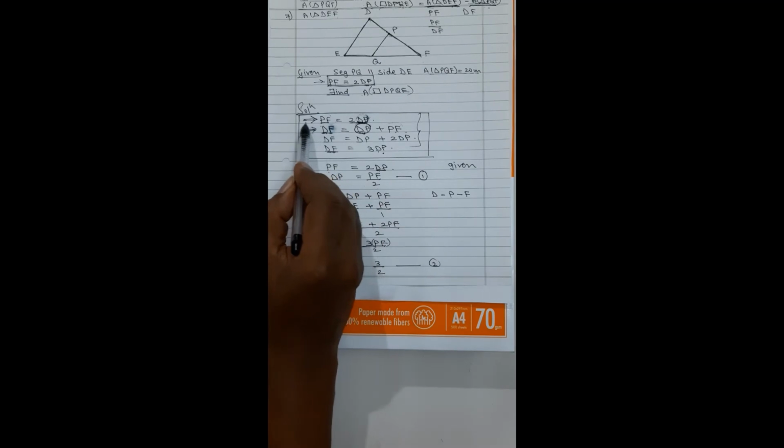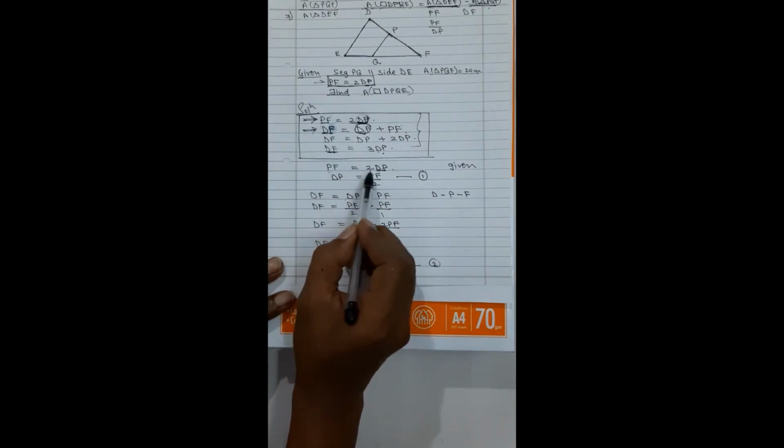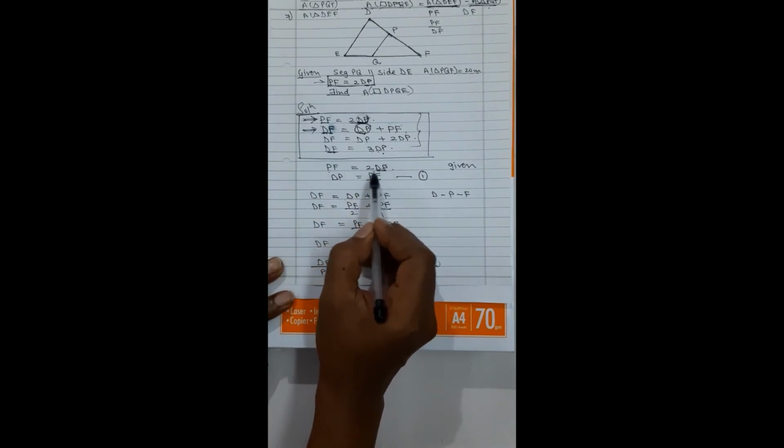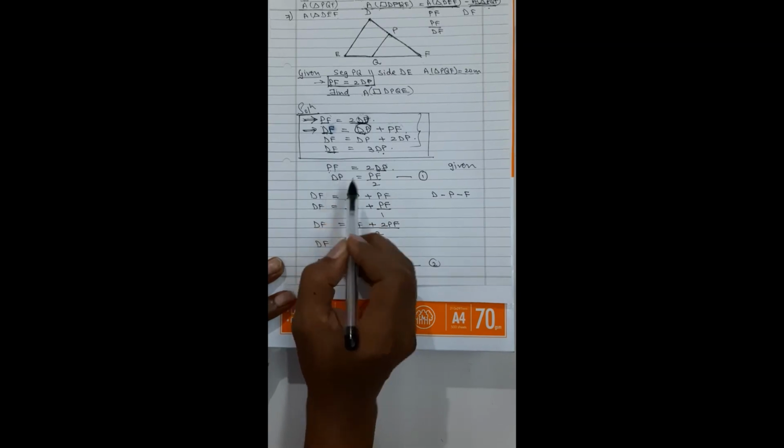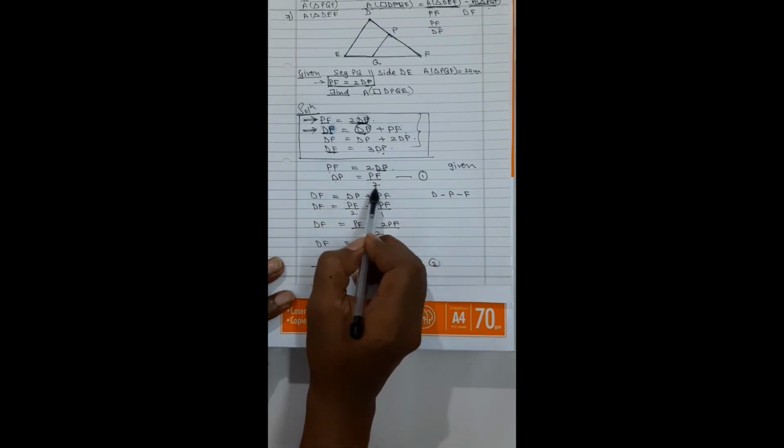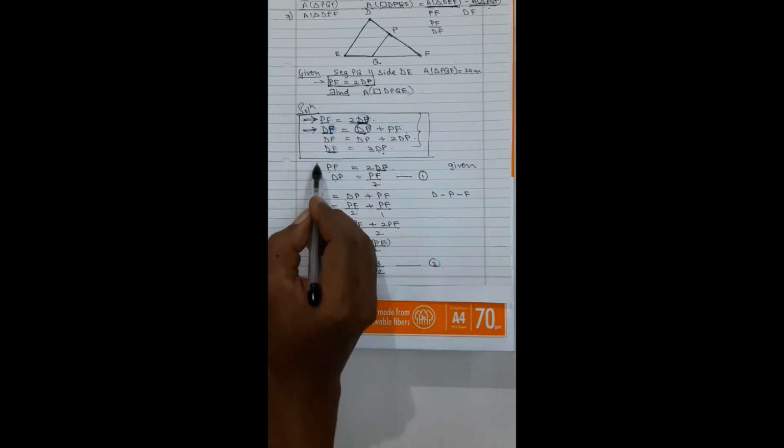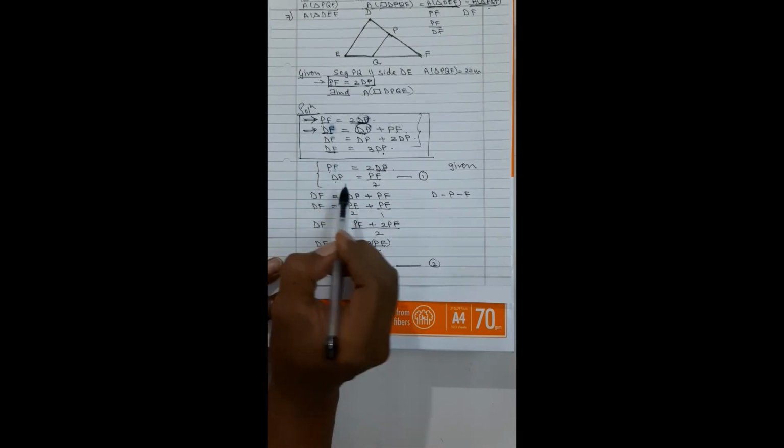So you will have to find the expression for dp. How will you do it? With the help of this equation itself, pf is equal to 2 dp. Find the expression for dp by shifting 2 on the other side. dp is equal to pf upon 2. I want you to realize why I did this. This is very, very, very important. Otherwise you will keep on wandering over there and you will not be able to get the right combination till the end.